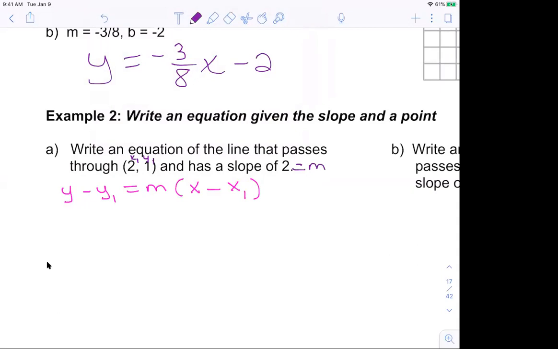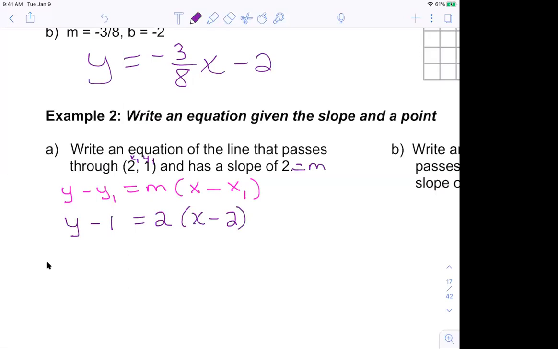So again, I'm going to find the m value and replace it with a 2 because it says the slope is 2. I'm going to replace x1 with its number, which is also 2, because that's the x value of the point that they're given. And then we're going to replace y1 with the y value, which is a 1.